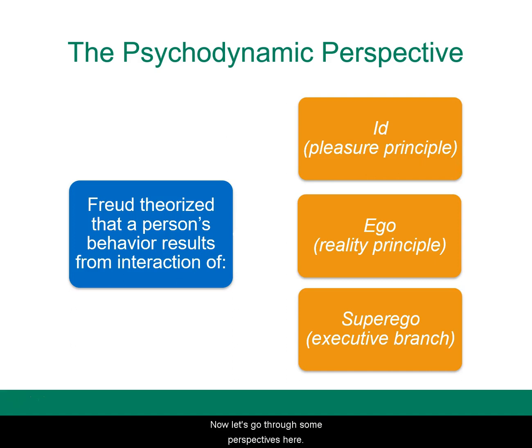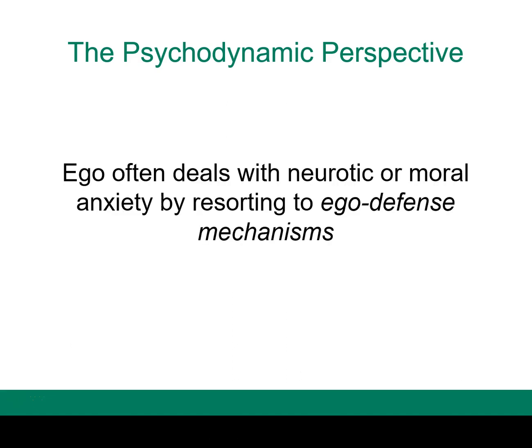Okay, now let's go through some perspectives here on mental disorders. Maybe the mental disorders are due to this interaction of the id, the ego, and the superego. That's definitely what Freud would theorize, right? And primarily what he was saying is that this was a fight between the id and the superego.